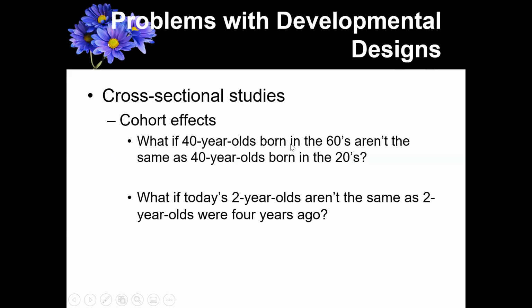Are 40-year-olds born in the 60s the same as 40-year-olds born in the 20s? To some degree, but probably in a lot of ways not. What about today's 2-year-olds? Are they the same as 2-year-olds that were born 4 years ago? Maybe.